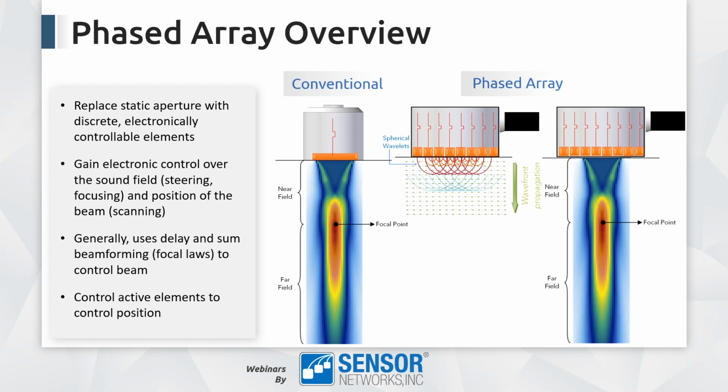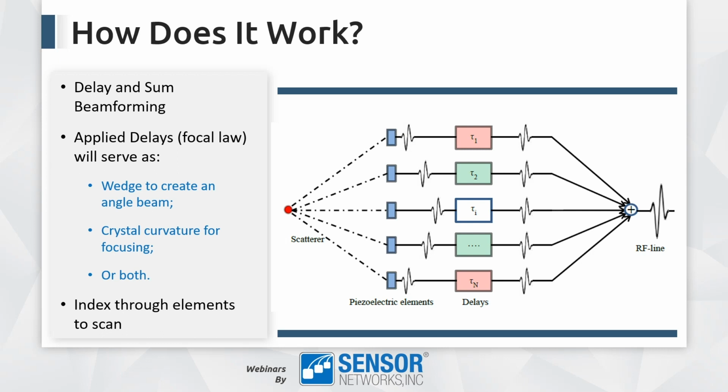Generally speaking, instrumentation uses what's called delay and sum beamforming. You also hear the term focal laws to control the beam. So this slide goes over a little bit of delay and sum beamforming. The graphic shows you the reception operation, where sound can emanate from a scatterer or point in a material, and the sound arrives at all these discrete elements, and therefore the electrical signal created from the piezoelectric elements is not in phase.